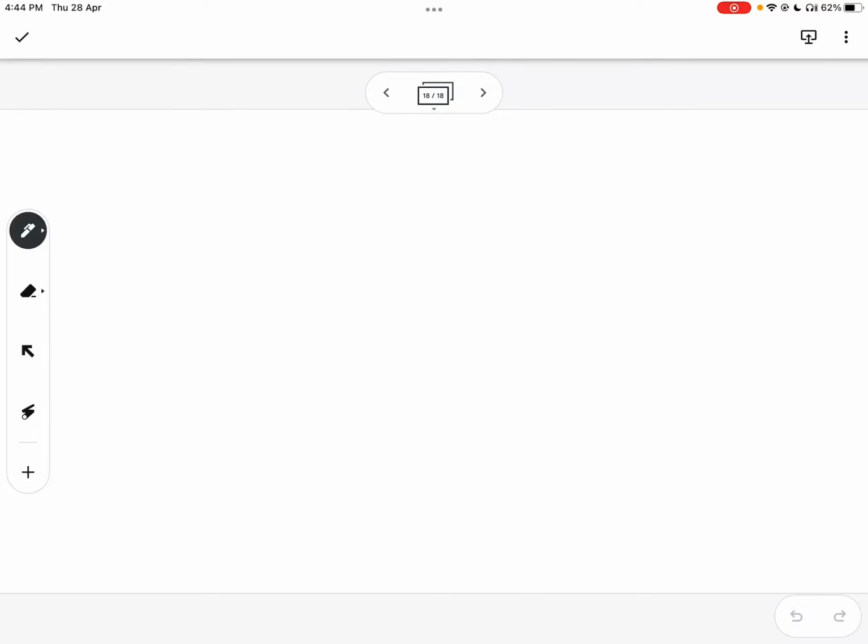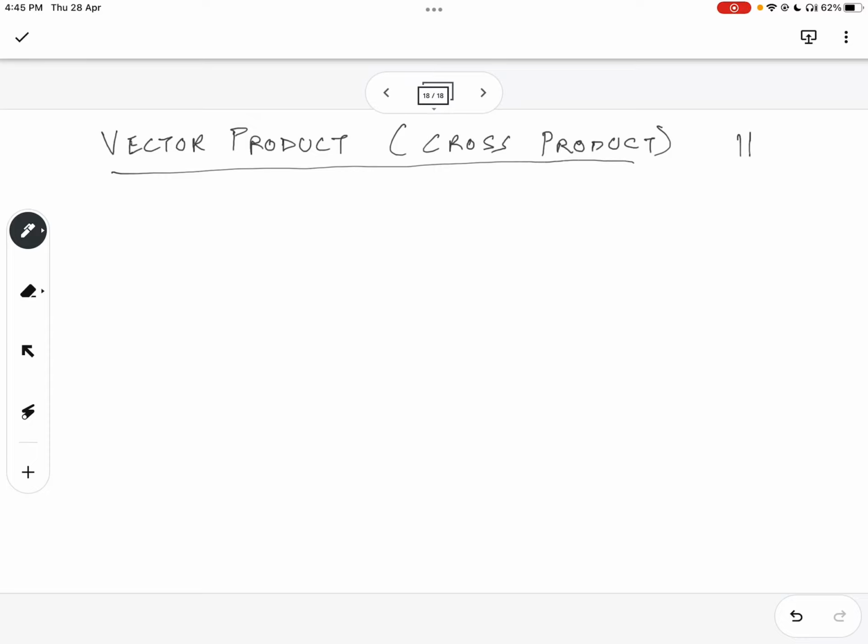Next, we'll be looking at the vector product or cross product, and we'll be sticking to three-dimensional Euclidean spaces.